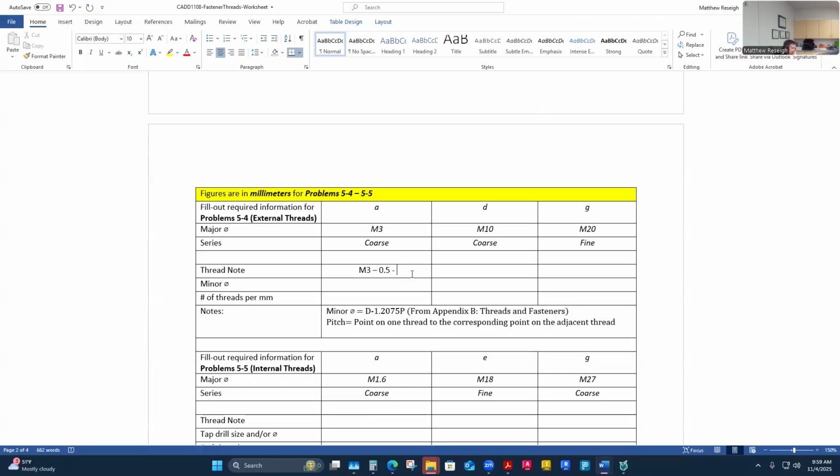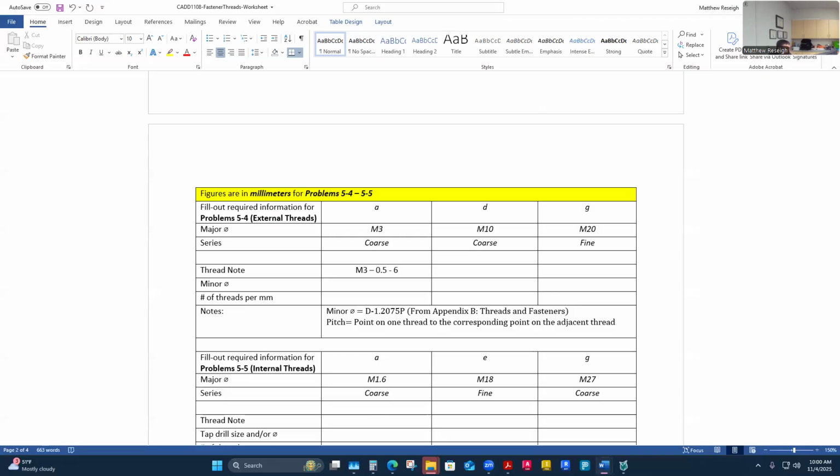The lower the number in a class of fit, the finer, and the higher the number, the coarser, with 6 being the general purpose. Whereas 2 is the general purpose for Unified National Coarse, 6 is the general purpose for a metric fastener. And it's dropped here because we don't even know that. But if I was doing it for general purpose, it would be a 6.